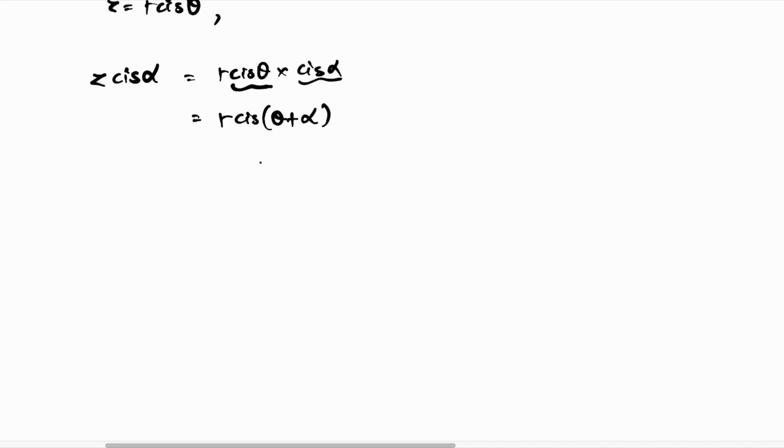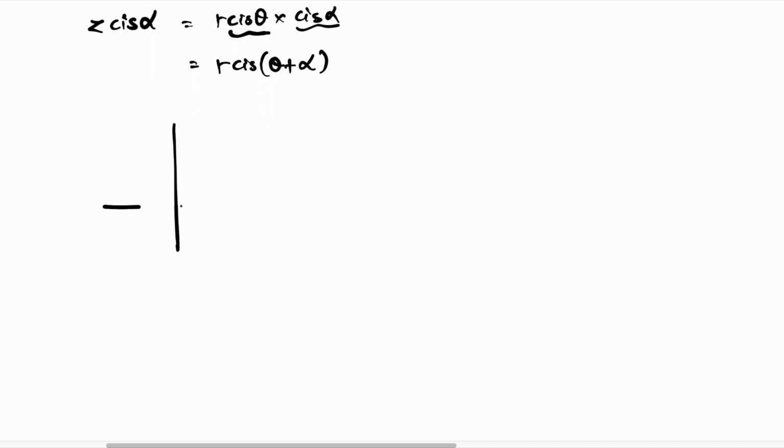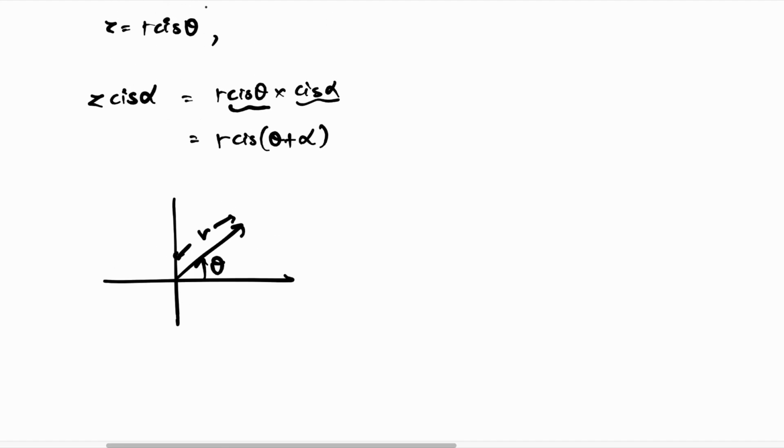So what happens is my complex number z, which is r cis theta, so this is r theta, if I'm multiplying it with cis alpha, the modulus remains r only. That means my complex number is of the same length r, while the argument increases by alpha.